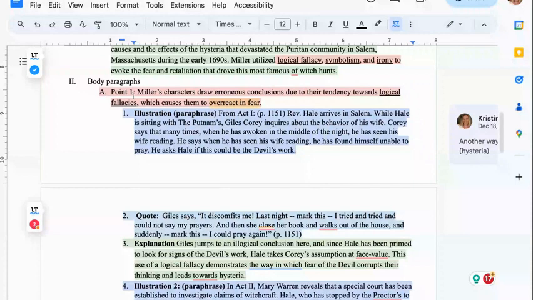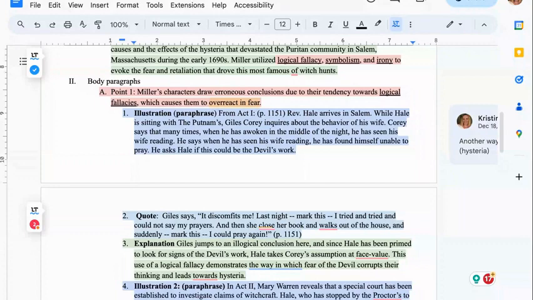So point one for me is going to be Miller's characters draw erroneous conclusions due to their tendencies towards logical fallacies, which causes them to overreact in fear. So basically, I'm just using some keywords that are synonyms to logical fallacy and a synonym phrase here to hysteria in order to set up my first point.